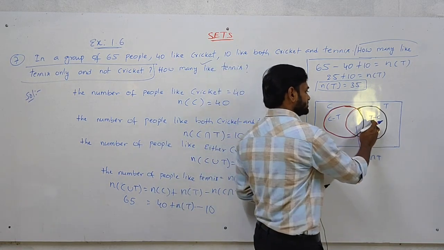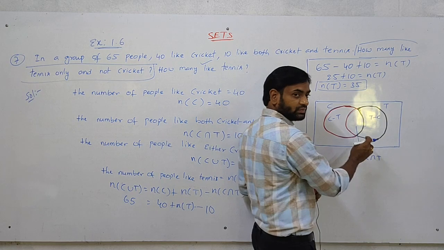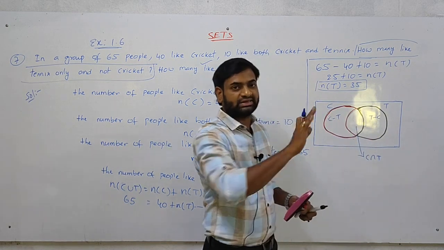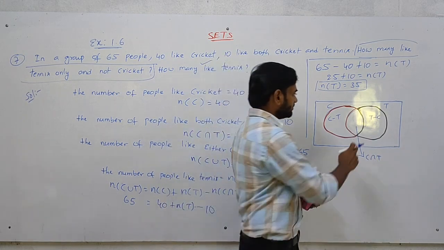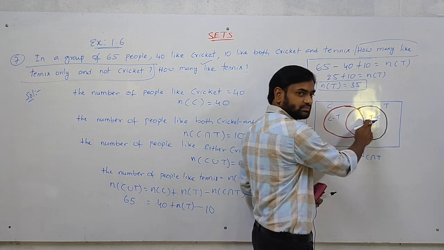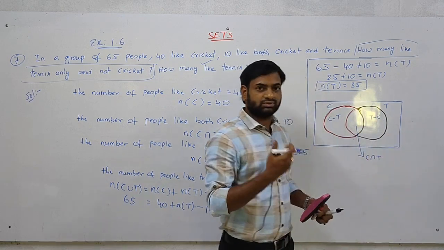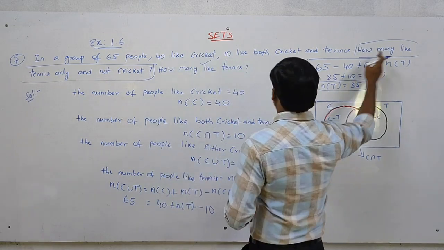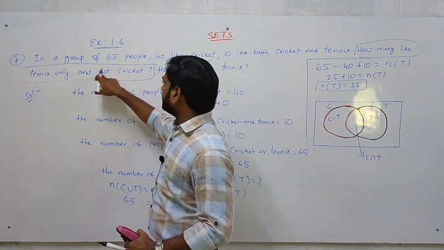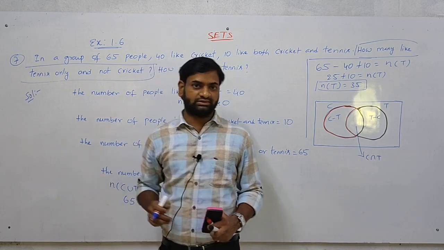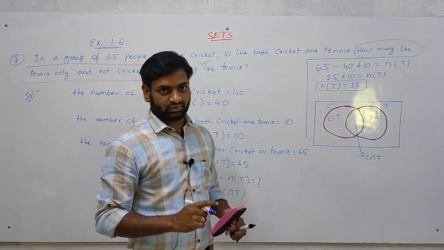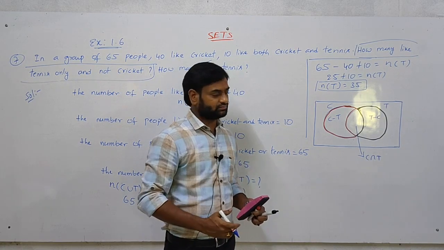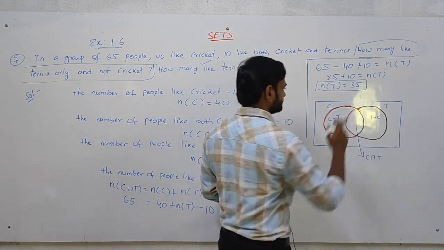That is T minus C. So the meaning of this one is the number of people who like tennis but not cricket. T minus C means not cricket. How many like tennis only and not cricket? That is T minus C.